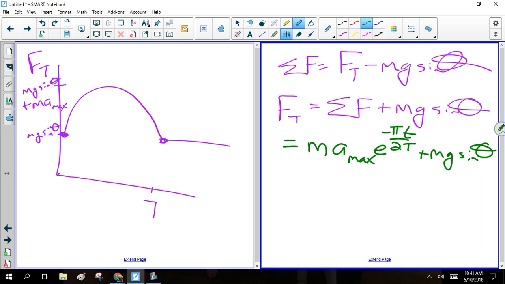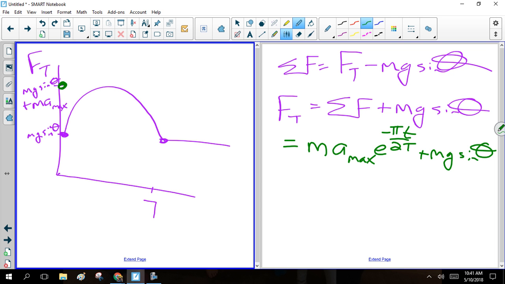At time 0, what does this all give me? If time is 0, you're going to get e to the 0. What's that? 1. So you get m a max plus mg sine theta. So my graph has to start up here at mg sine theta plus m a max, right?